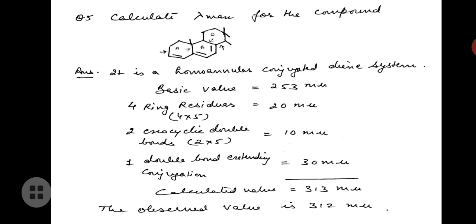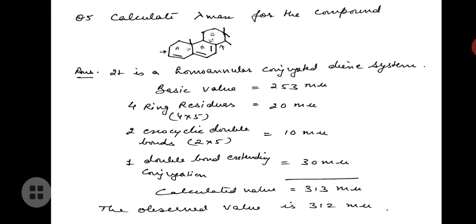One more example, calculate lambda max for the compound. See, there are 3 rings A, B and C. Here in ring B, the conjugated double bonds are present in the same ring. So it is a homoannular conjugated diene system. We will write the basic value 253 millimicron for homoannular conjugated dienes, taken from the table.